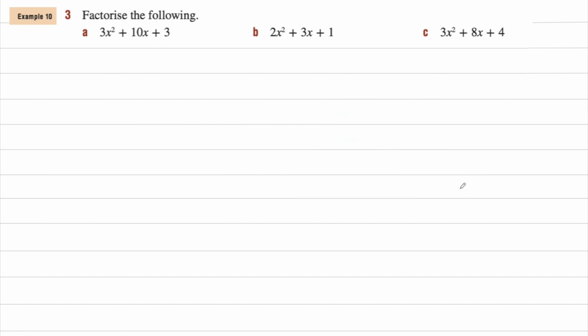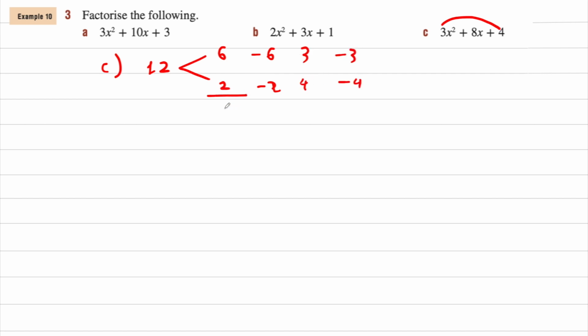About question C, you got 3 and 4, which becomes 12, and then this becomes 6 and 2, minus 6 and minus 2, 3 and 4, minus 3 and minus 4, but I only focus on 8. For this option, their sum is 8.